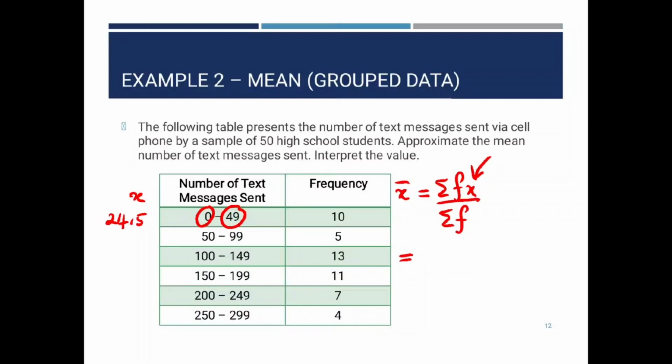And then for the second class, 50 plus 99 over 2, which is 74.5, and so on. And then as you can see, the sum of f is 50. So the sum of all frequencies is 50.